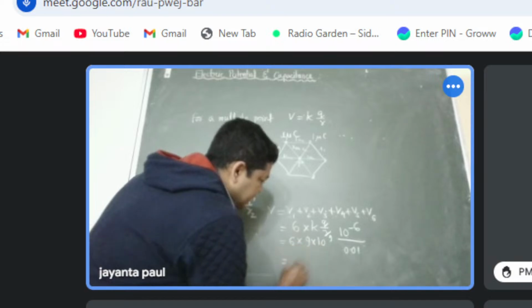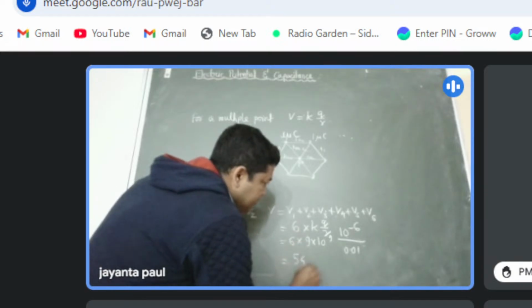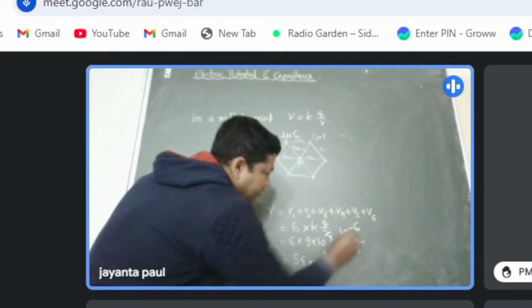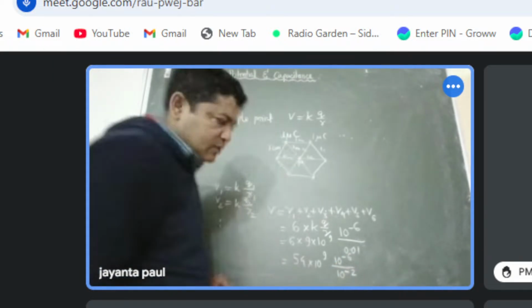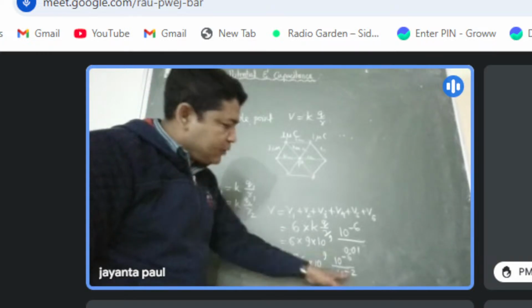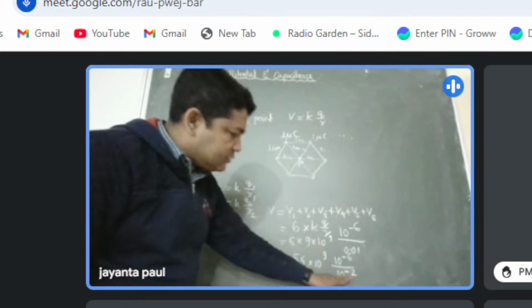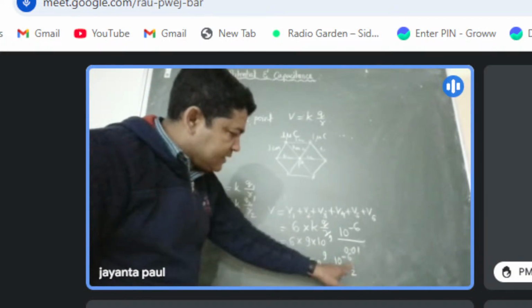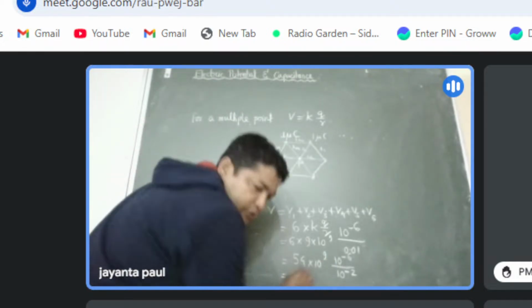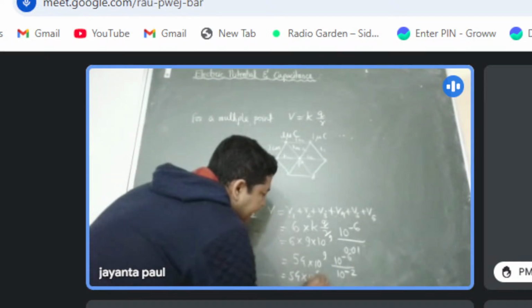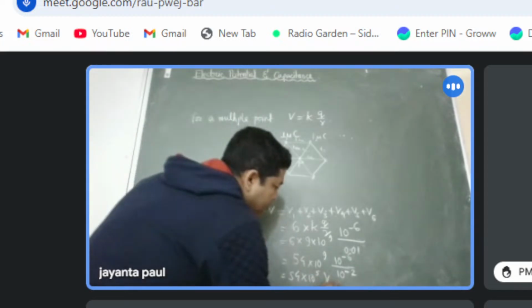That is 6 nines are 54 into 10 to the power 9, and from here 10 to the power minus 6, and below 10 to the power minus 2, since 1 centimeter means 10 to the power minus 2. So taking that up, 10 to the power minus 6 plus 2 is minus 4, plus 9, so 5. So 54 into 10 to the power 5, and the potential unit is volt.